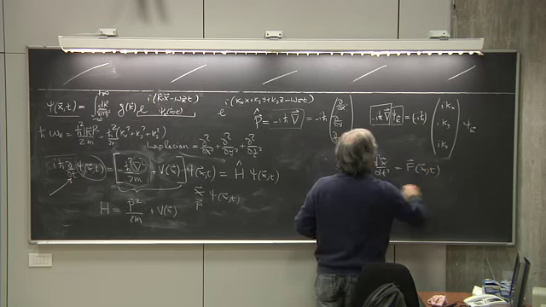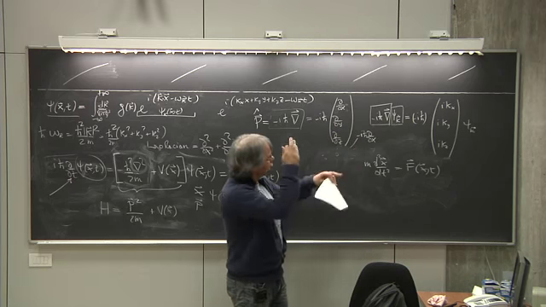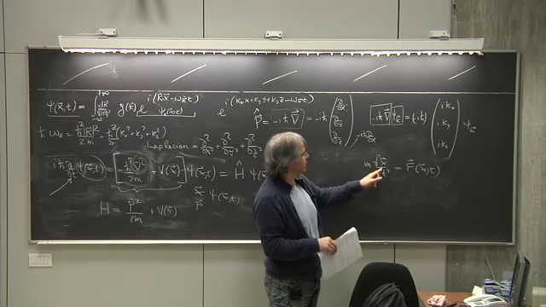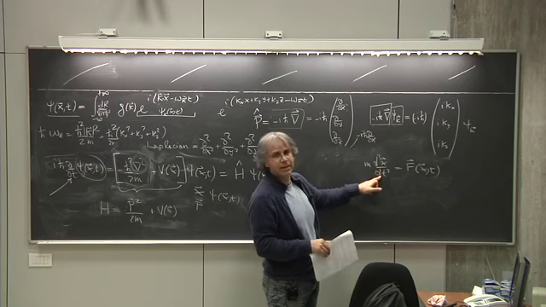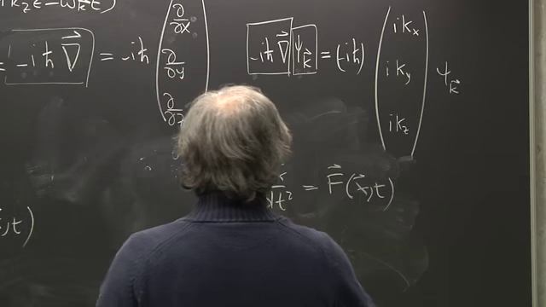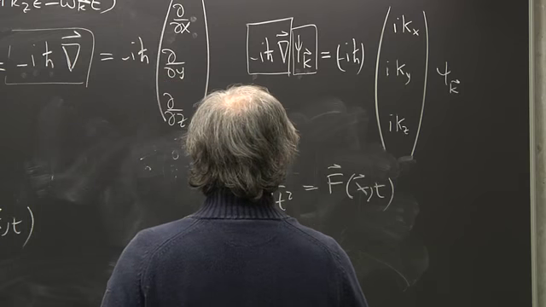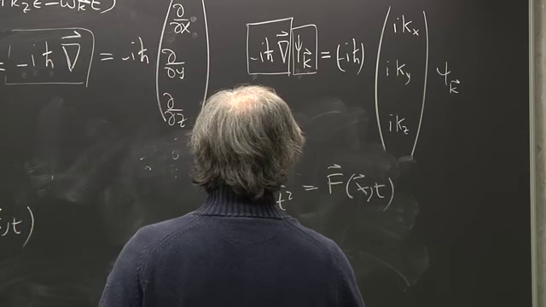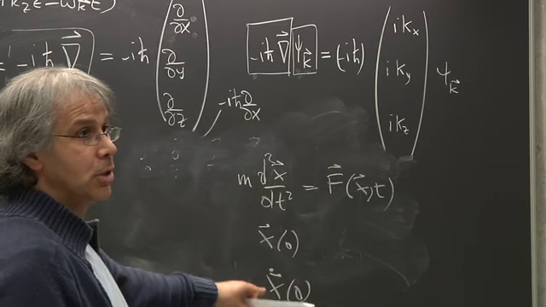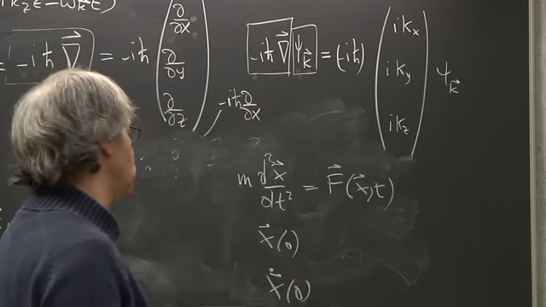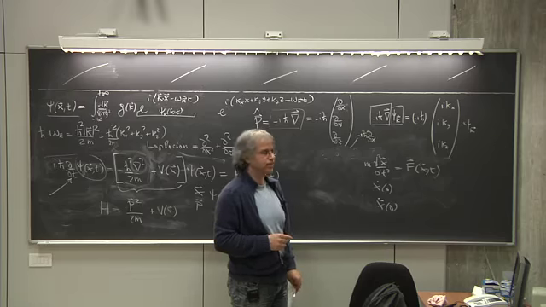Multidimensional in general, second order derivative here, and you need therefore to tell me what x at time 0 and what x dot at time 0 are. 2 information, or 2 vectors of information.